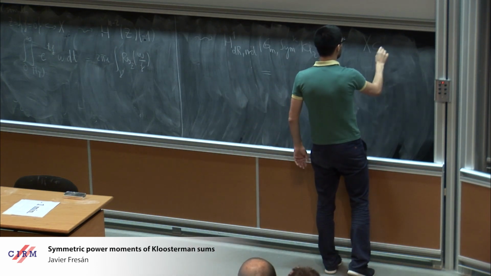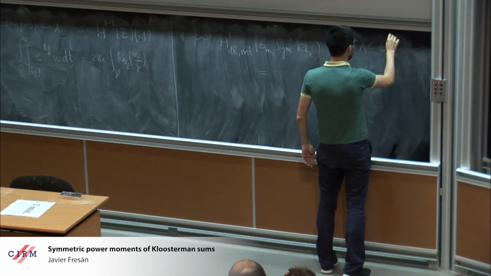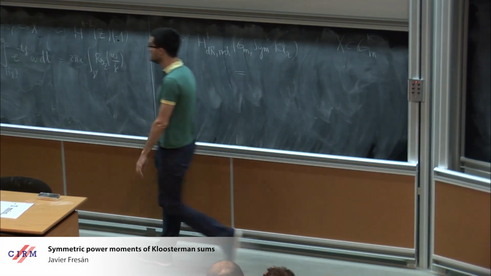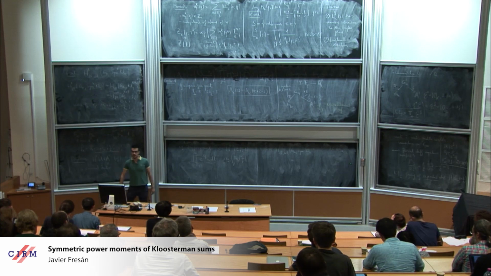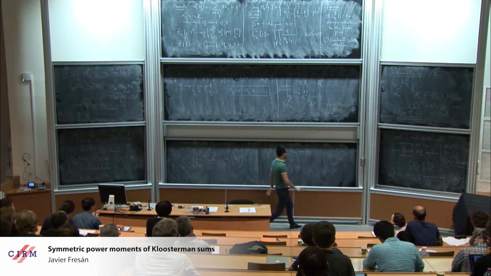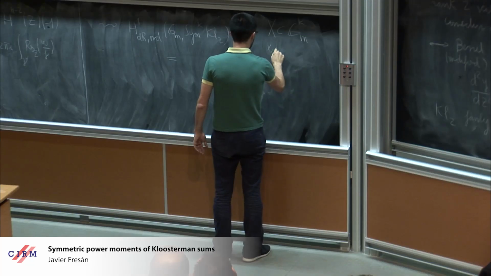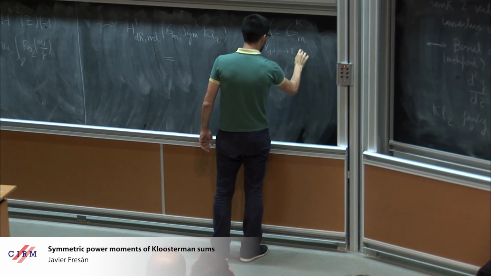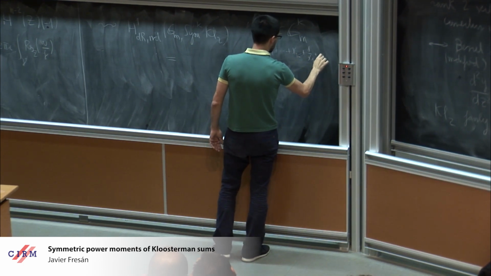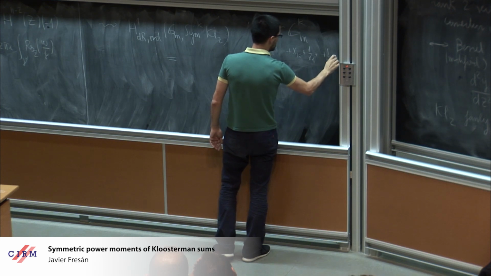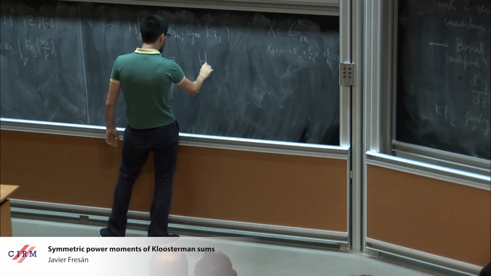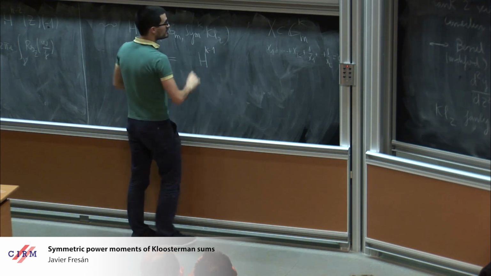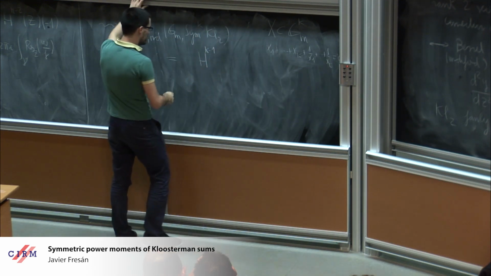X is a toric hypersurface, the one defined by the zeros of this Laurent polynomial. So this one is defined by this equal to 0. And then what you do is you take cohomology in degree, so this has dimension k minus 1, you take middle cohomology.